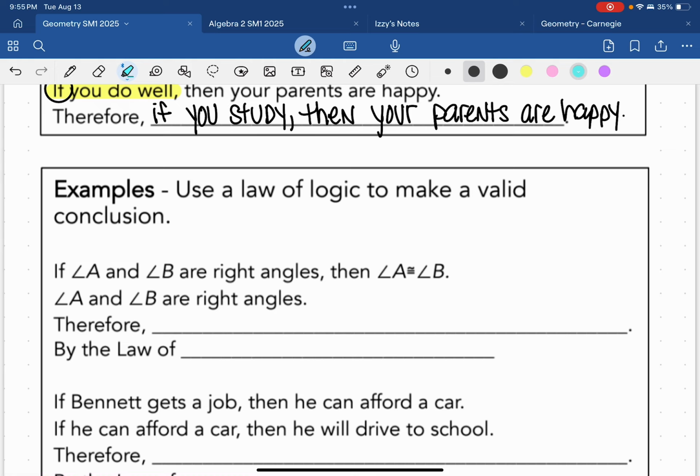If angle A and angle B are right angles, then angle A is congruent to angle B. Don't worry about that right now. If we need to copy it, we will just copy it exactly how it appears. Angle A and angle B are right angles. Once again, I'm looking for that repeat. So I see right here, angle A and angle B are right angles. Notice that the word that I see is "if."